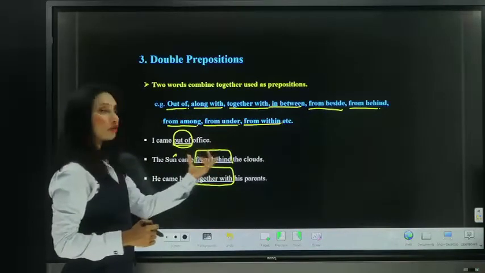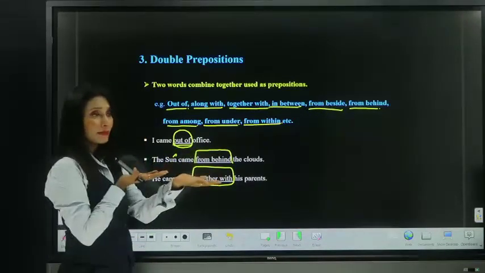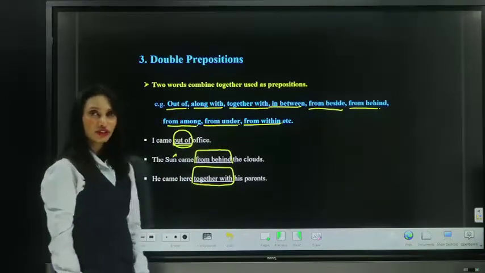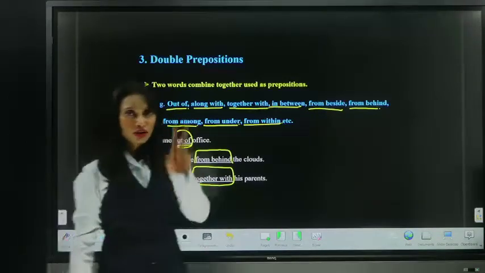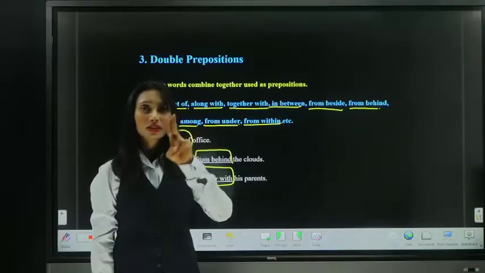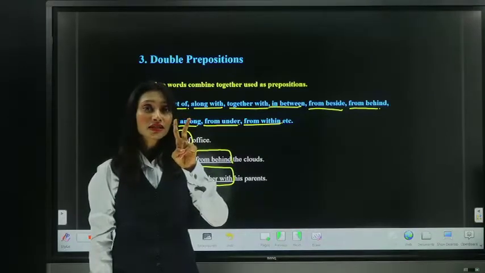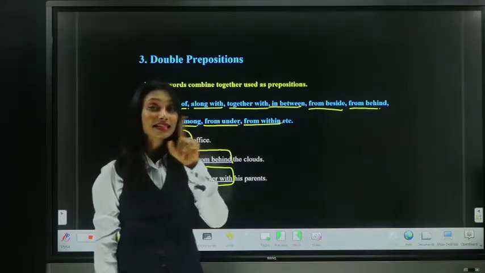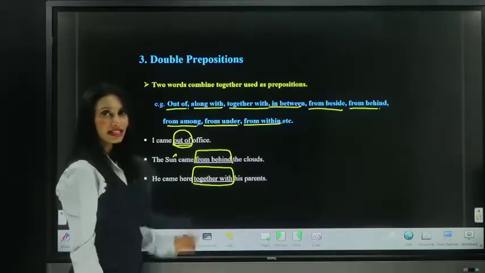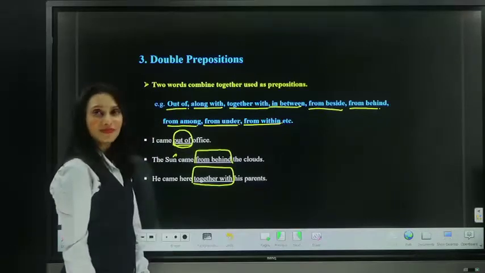So two words together act as a single preposition but written separately as two units are double prepositions. So compound prepositions are two units formed either by prefixing or suffixing, written as a single word. Double prepositions are two units written separately but act as a single preposition with a single meaning. So that is the difference between compound and double prepositions.